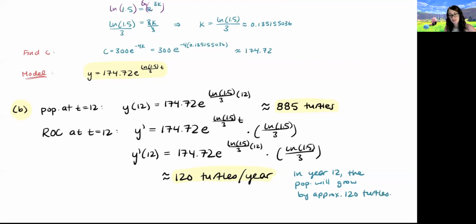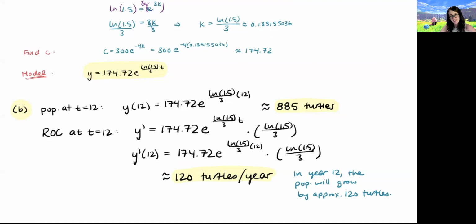Right? Only in year 12, that's what this is an approximation for, the growth. So from 885, you will gain 120 approximately in that year. Growing very quickly, lots of turtles to reproduce.